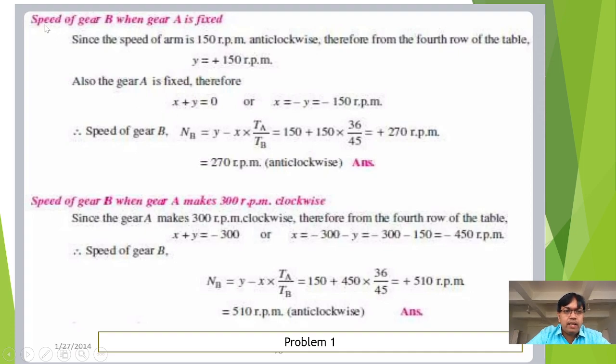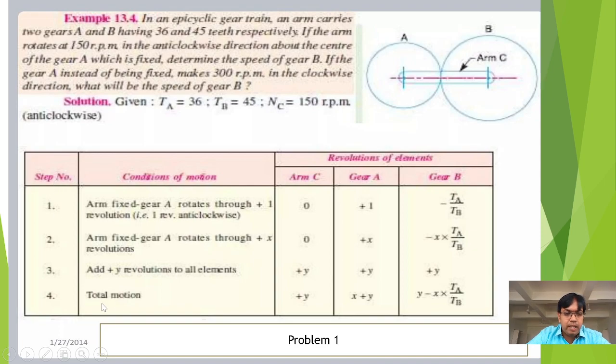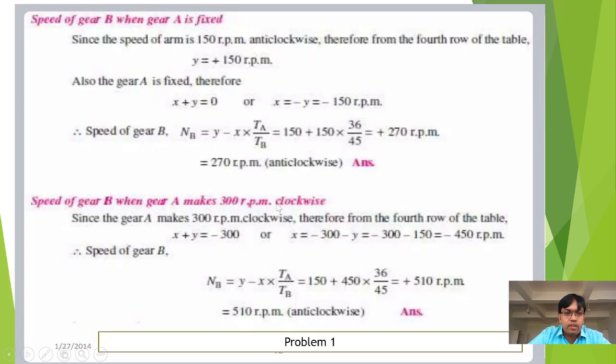And we need to calculate the speed of gear B. What is the speed of gear B? It can be taken from the fourth row of the table. That is, the total motion for gear B is y minus x into TA by TB. Therefore, we write the speed of gear B: NB is equal to y minus x into TA by TB. TA and TB are given.